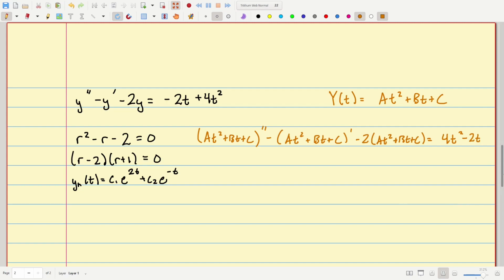Okay. So 2 derivatives is going to give us 2a. Sorry, that's a mistake. Just 2a, right?